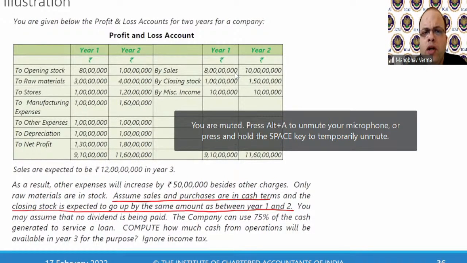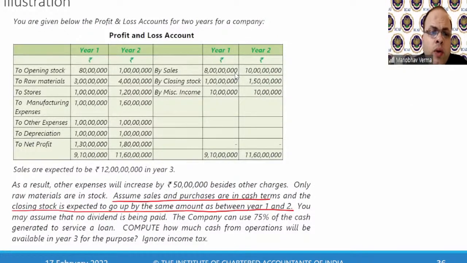That should be the point we need to know. So 12 crores is something which we know. If we are looking at sales, in this case the key point would be the line saying that the closing stock is expected to go up by the same amount as between year 1 and year 2.